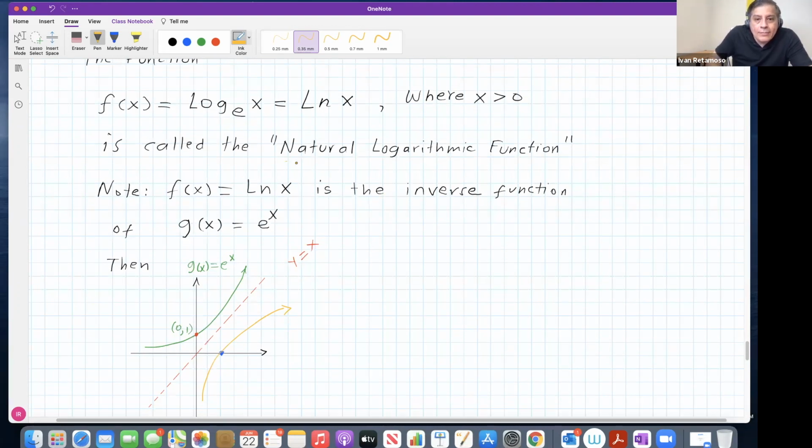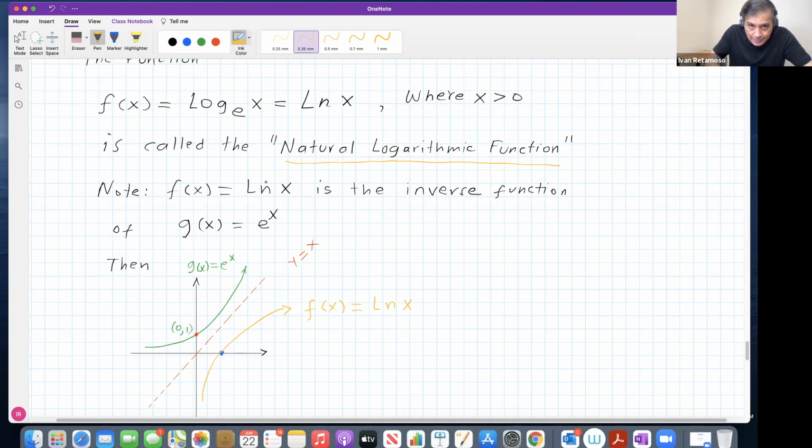They call this function the natural logarithmic function. It's the inverse function of f of x equal e to the x. It is expressed as f of x equal ln of x. Now, you may say, Professor, the base shouldn't be e.